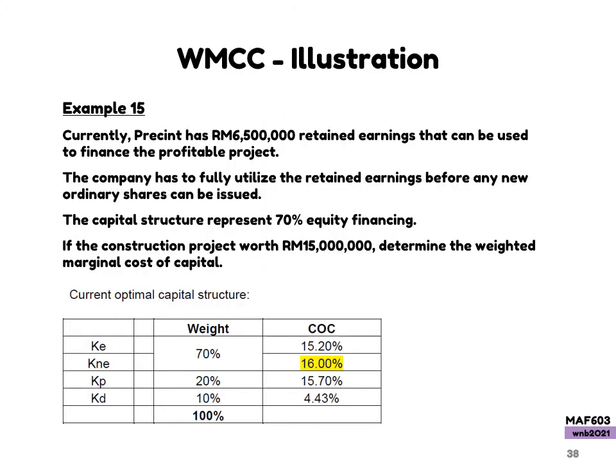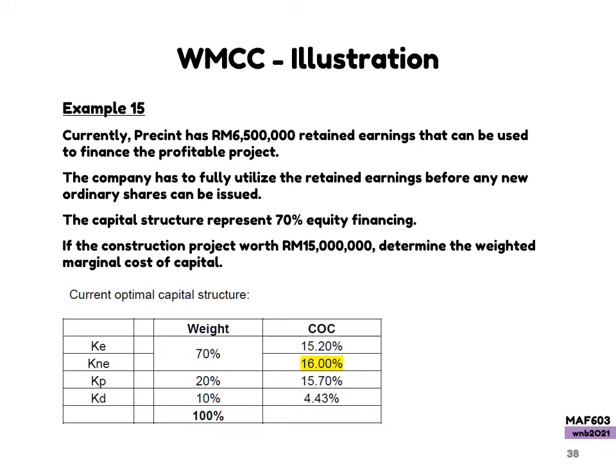Okay, let's look at one illustration to increase our understanding on WMCC. We have example 15. Currently, Precinct has 6.5 million retained earning. So, sekarang dia punya retained earning ada sebanyak 6.5 million that can be used to finance the profitable project. Company has to fully utilize the retained earnings before any new ordinary shares can be issued. Capital structure represents 70% equity financing.